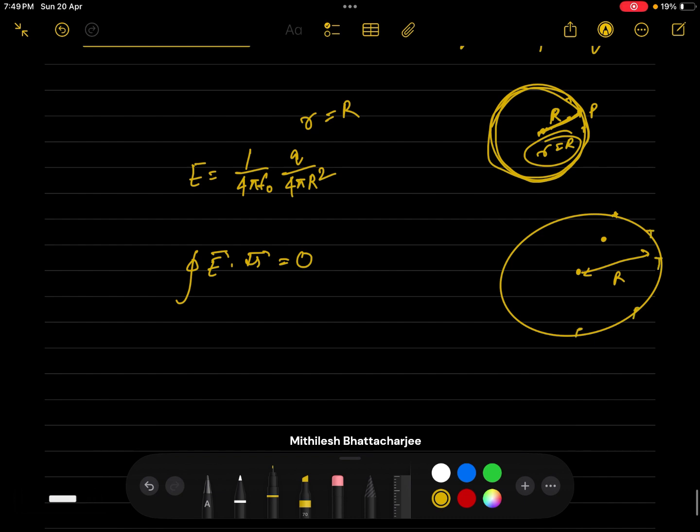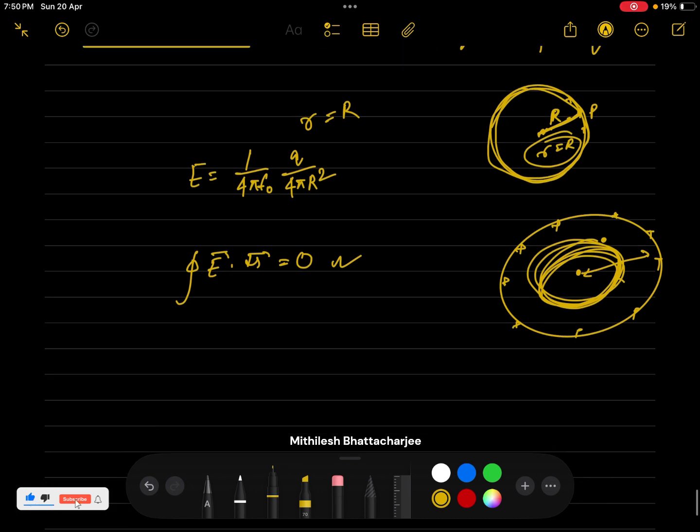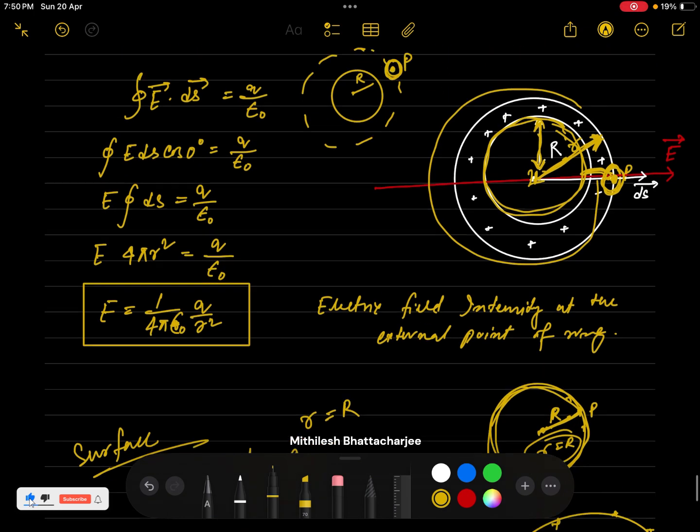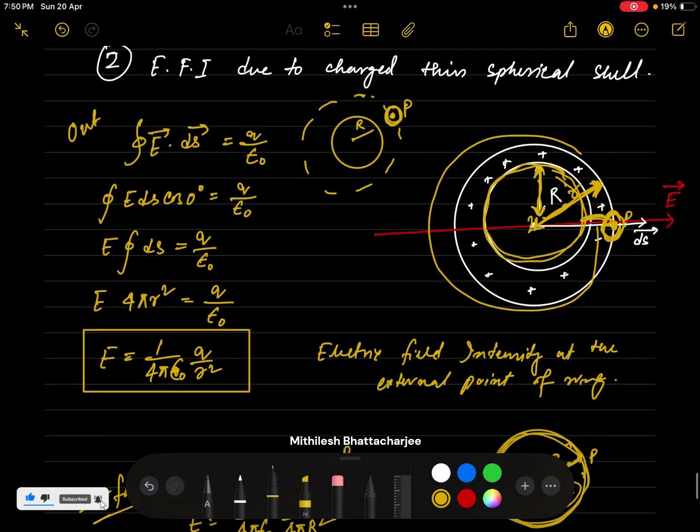The charge is distributed on the spherical surface, and there will be no charge in this portion. So the electric field intensity will be 0. So we can write E is 0 inside the shell. On the surface of the sphere, E is 1 by 4 pi epsilon naught Q by 4 pi capital R square, and this is the outside of the sphere.